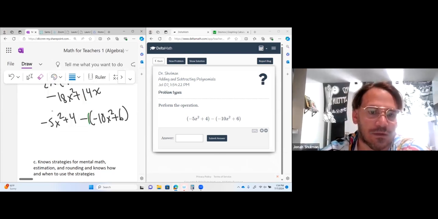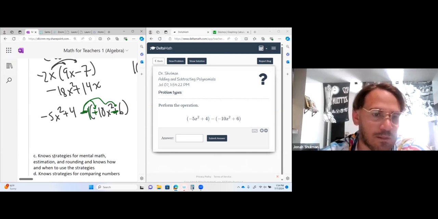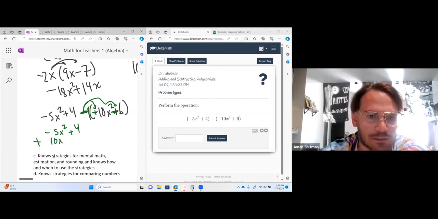You can tell them there's like an invisible -1 in the front, or just distribute it to everybody. So this changes this sign, and this makes this sign also negative. So it's really going to be negative 5x squared, because we changed the signs. It's now plus positive 10x squared minus 6.